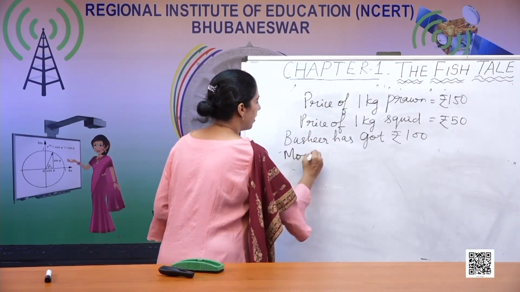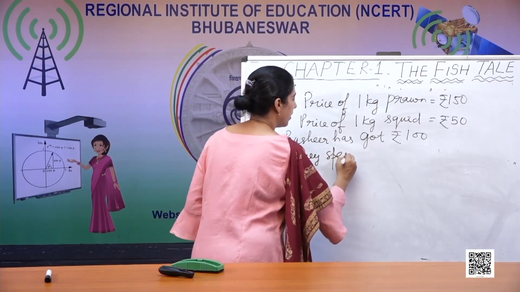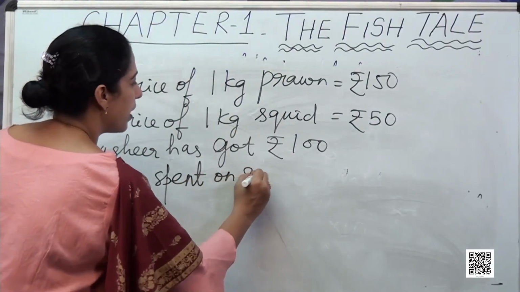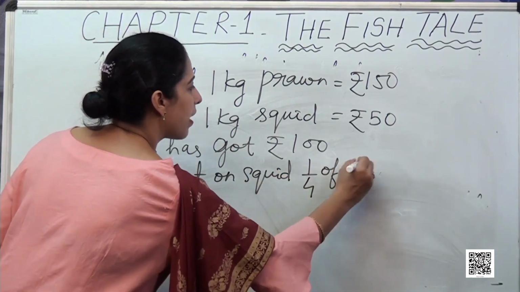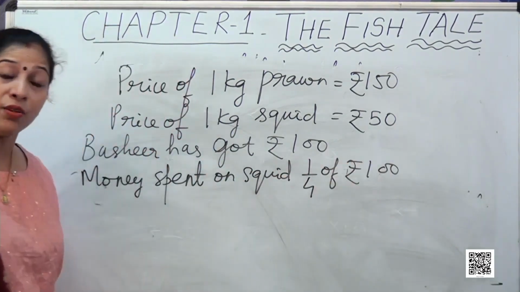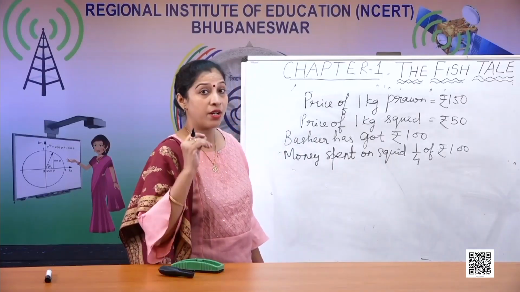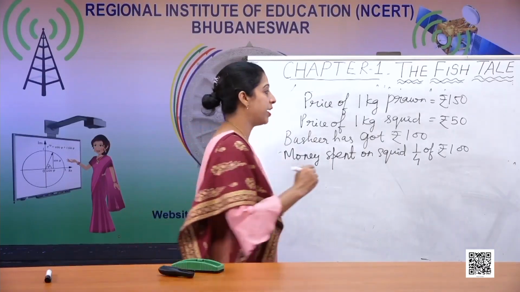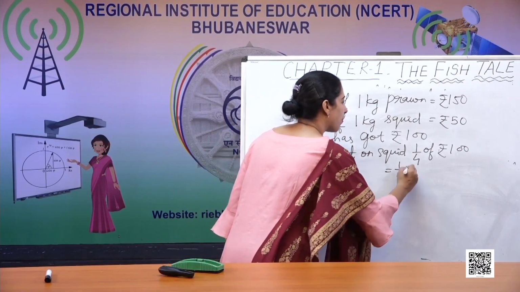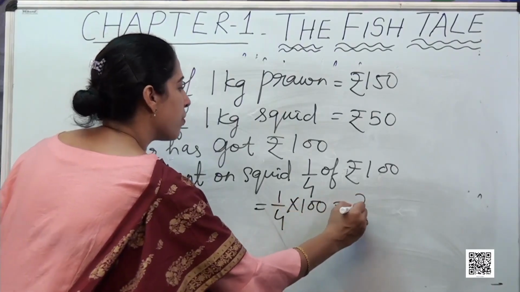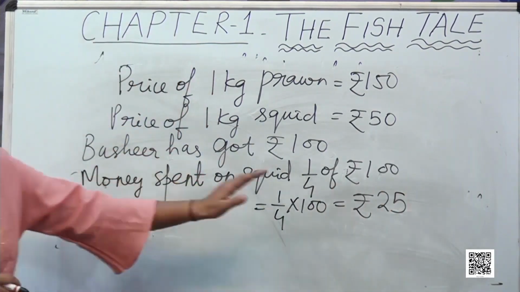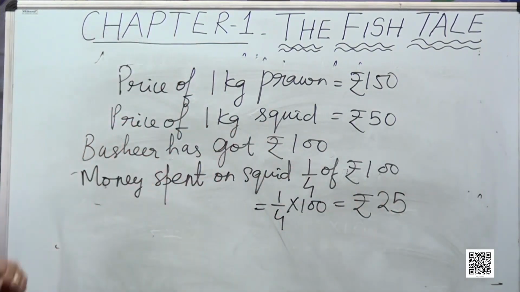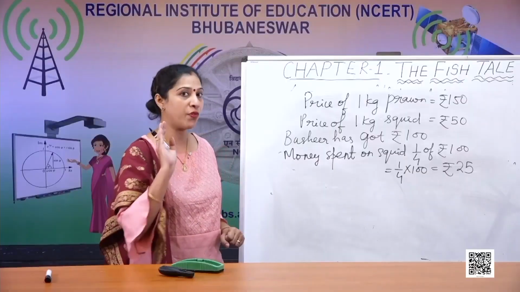Money spent on squid is 1/4 of rupees 100. You already know how to calculate this in fractions. It is 1/4 of 100, which is equal to rupees 25. So he spent 25 rupees buying squid and another 3/4 on prawns.